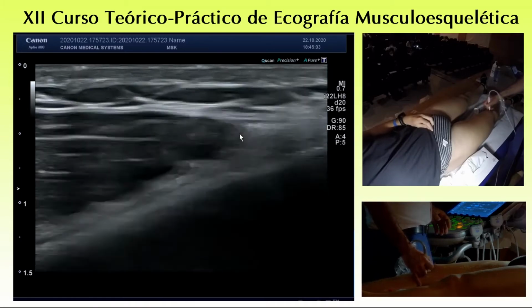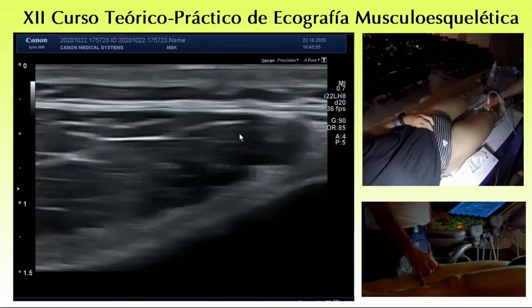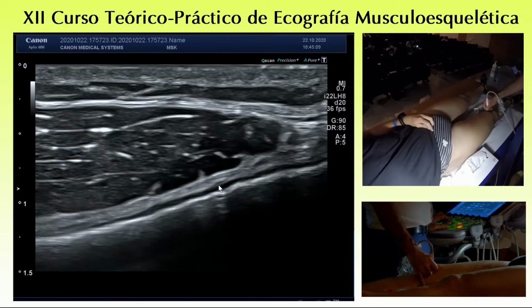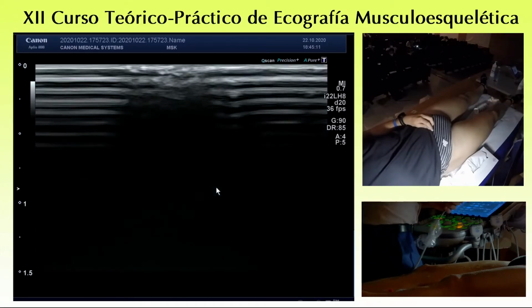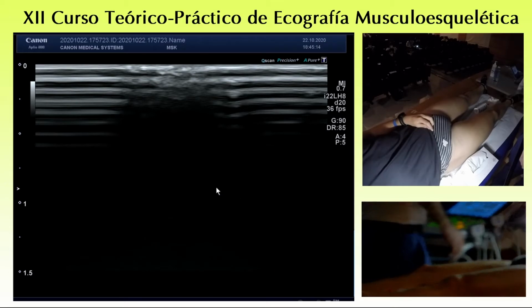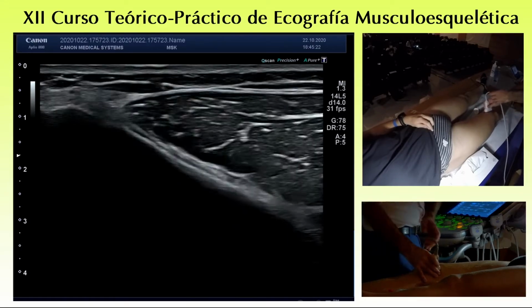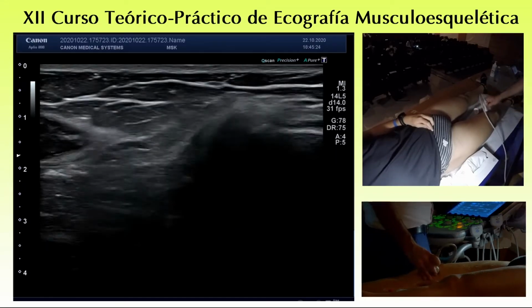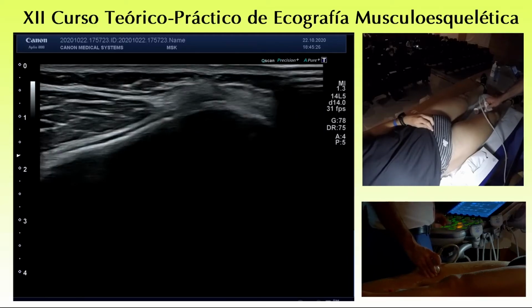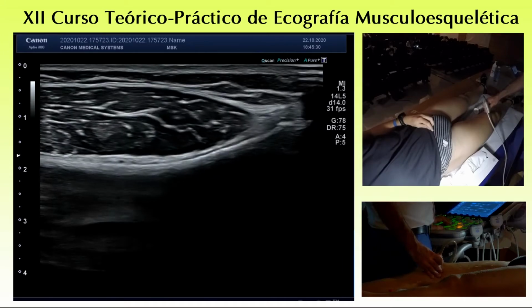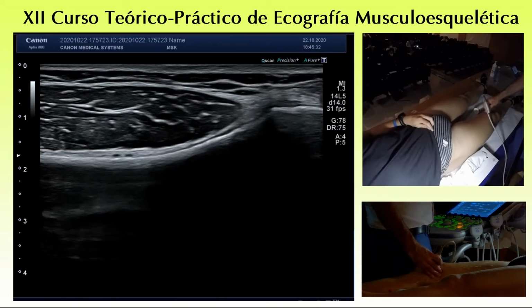The superomedial, you just go up. You look for this level. Basically you have to go back again, because the superomedial requires a bit more depth, a lower frequency probe, so you can look for that here. This is the spot.